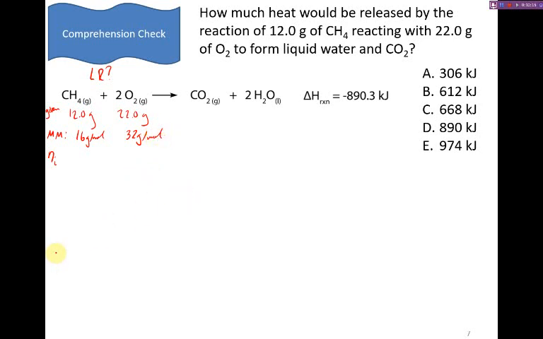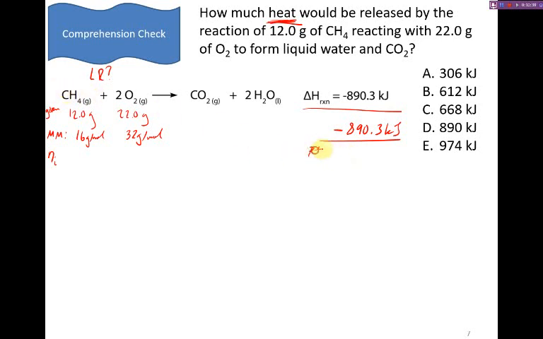So we want to know in the end how much heat's released. So what we can do is we can see that there's a relationship here. That for this reaction, we have 890.3 kilojoules, and this is per reaction.